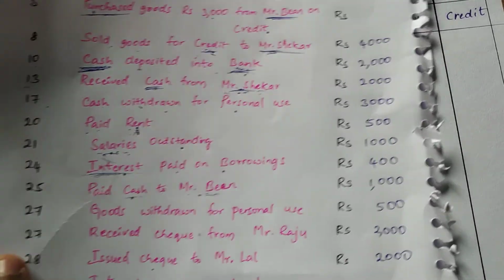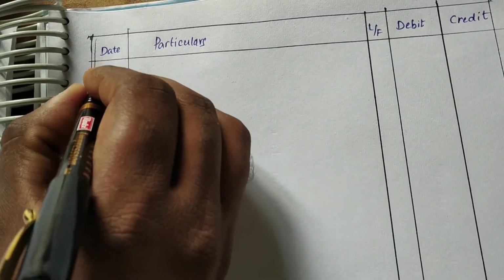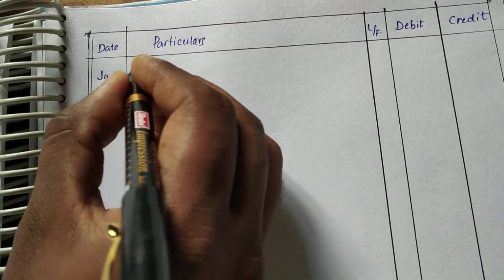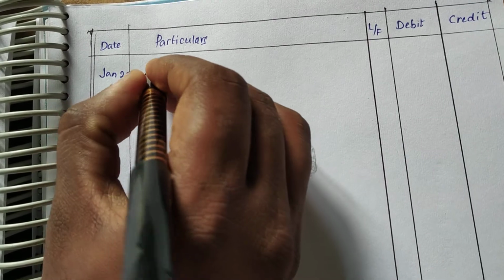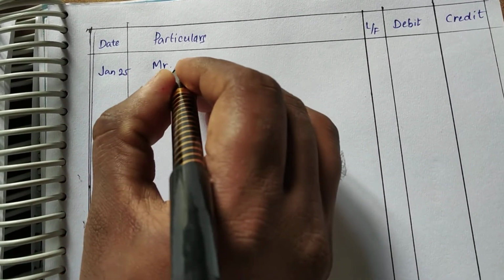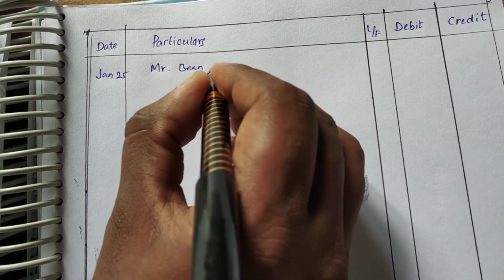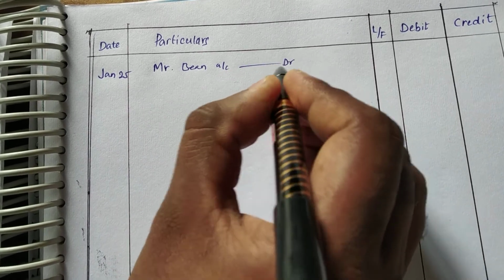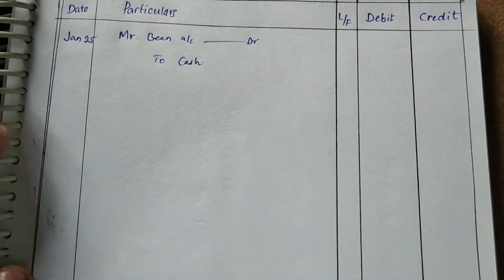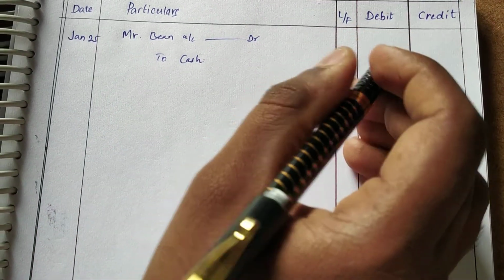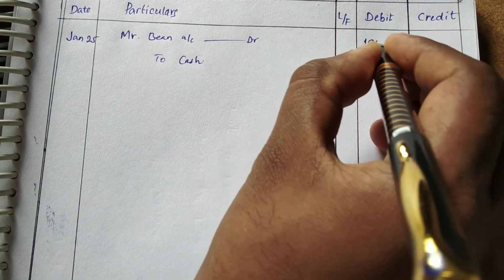So the journal entry on January 25: Mr. Bean account debit to cash. The amount is 1000 rupees.